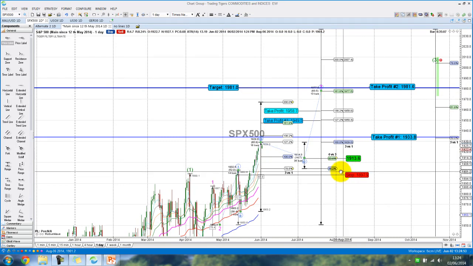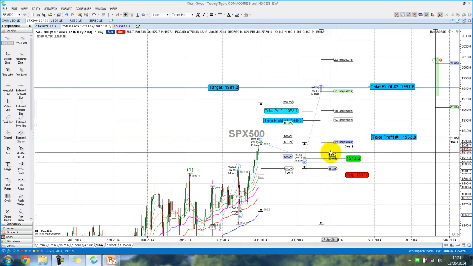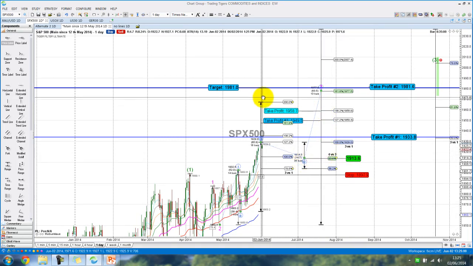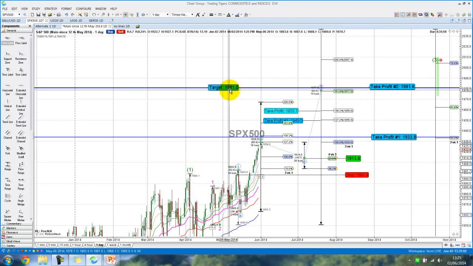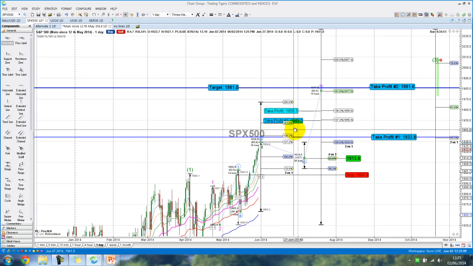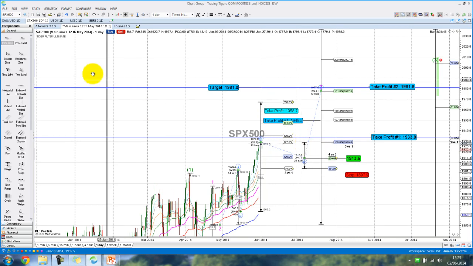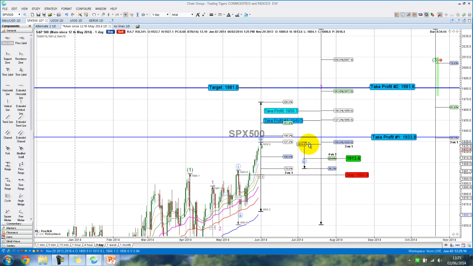We're going to be taking target levels at 1981, which is the final one, 1958.7, 1949.5, and just so we can get into the flavor of the trades as we go through, we're going to put a very quick one here. So immediately we got some profit, which is 1929. Okay, so that's what we're looking for.